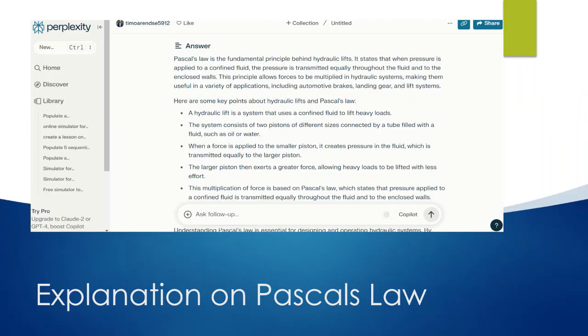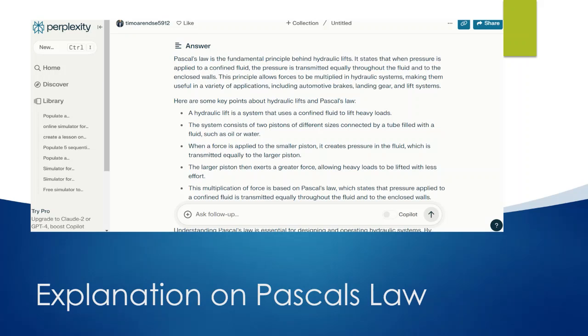Here are some key points about the hydraulic lifts. A hydraulic lift is a system that uses a confined fluid to lift heavy loads. The system consists of two pistons of different sizes connected by a tube filled with fluids such as oil or water. When a force is applied to the smaller piston, it creates pressure in the fluid, which is transmitted equally to the larger piston.